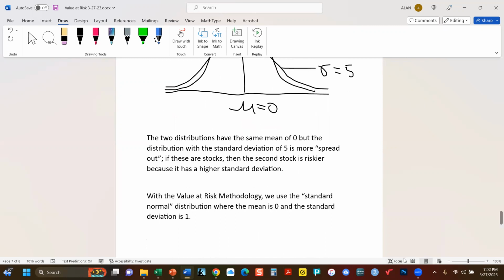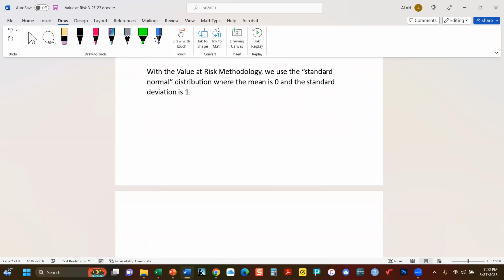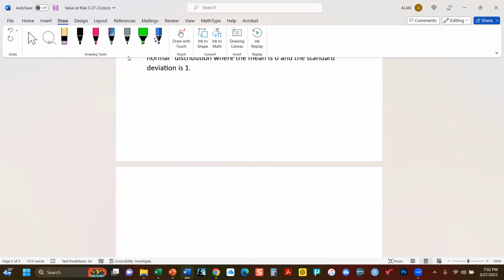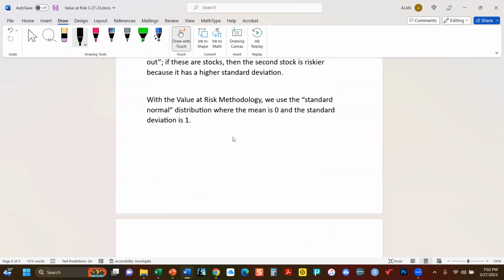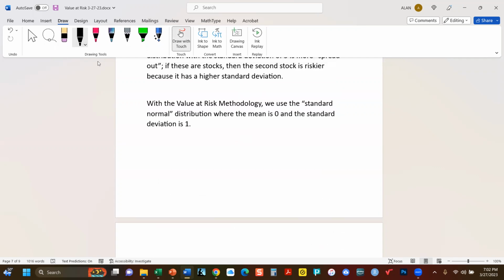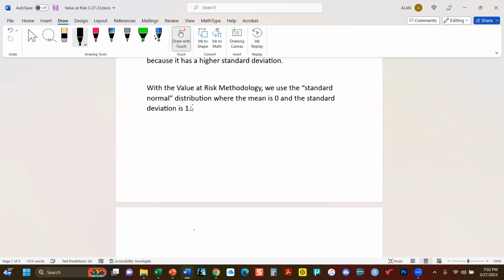So just keep that in mind when we're using this formula. The interesting thing about the standard normal is that it's easy to identify what each of these values represents. Oh, by the way, one more thing. The standard normal distribution is usually designated, just so we know what it is when we see it.